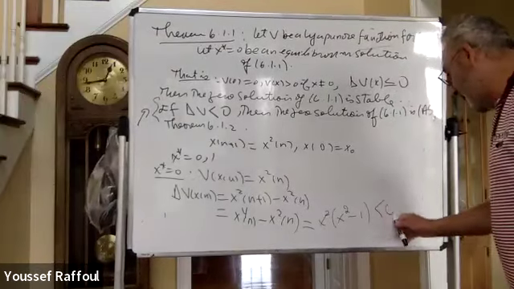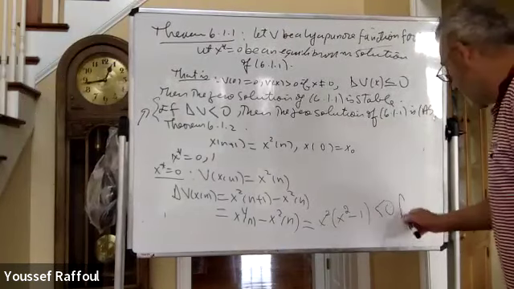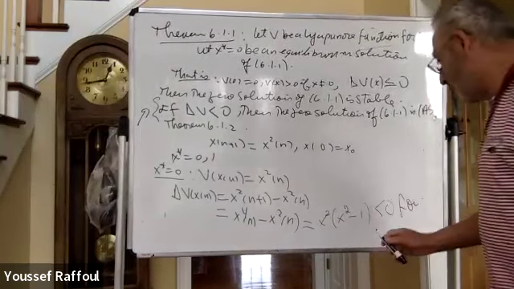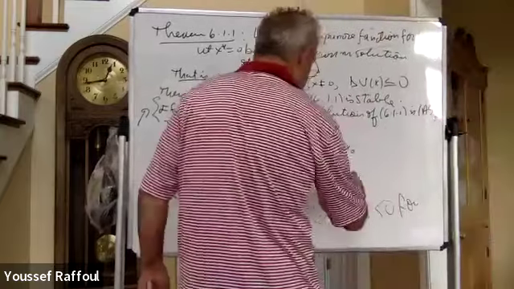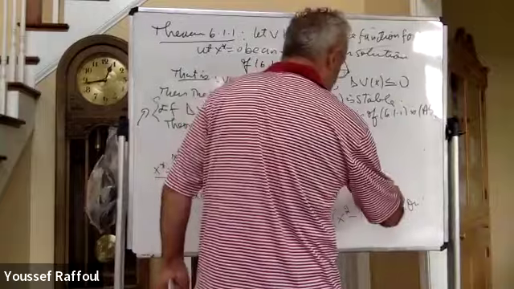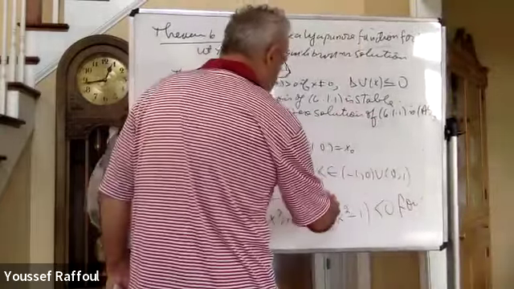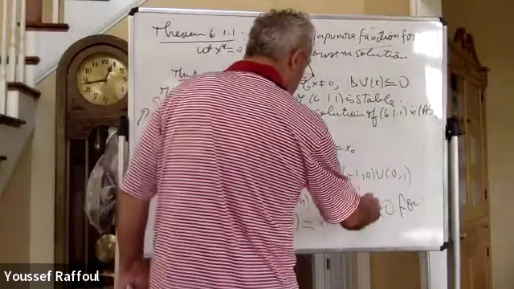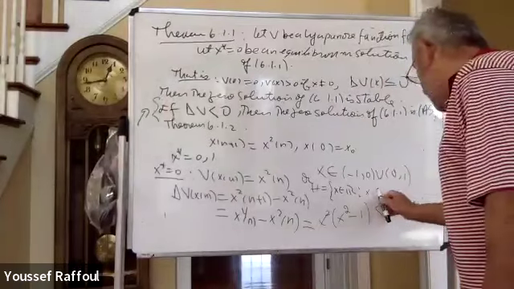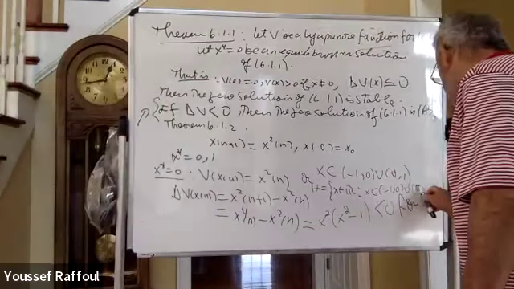So this is less than 0 for x belonging to (-1, 0) union (0, 1). Or the set H is all x in R where x belongs to (-1, 0) union (0, 1).